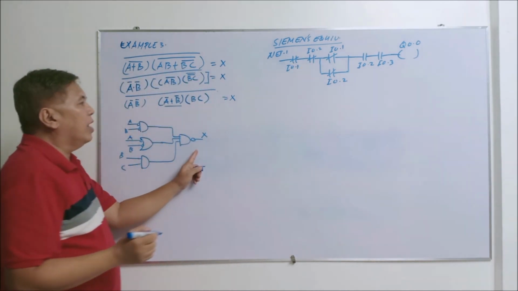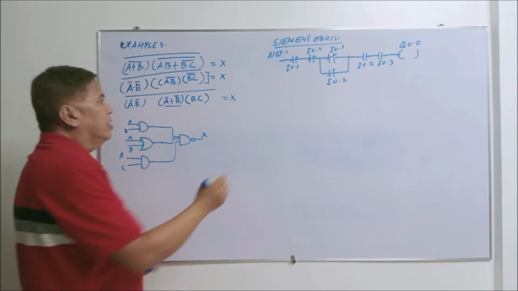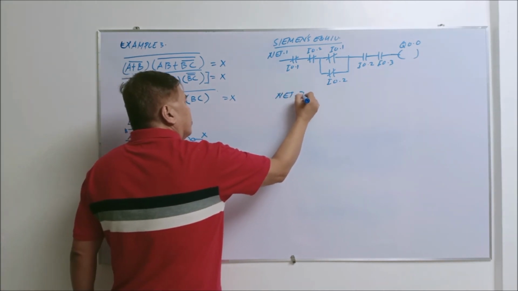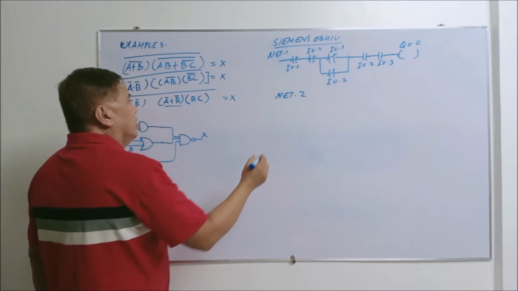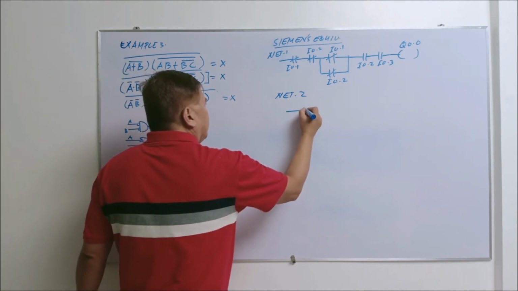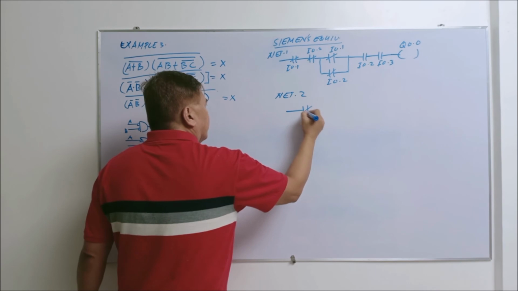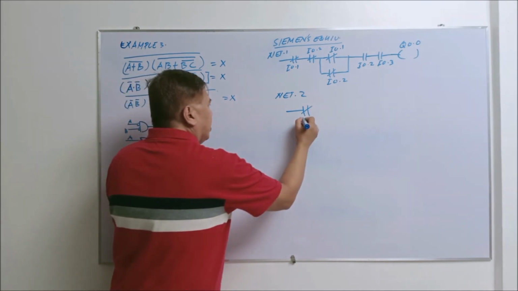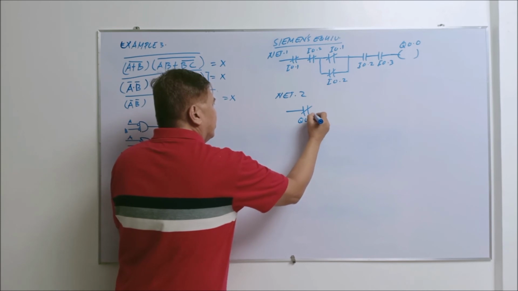So we will now add our inverter. That is now under network 2. So what is network 2? You have a normally closed contact for your inverter. And then this becomes your Q 0.0.